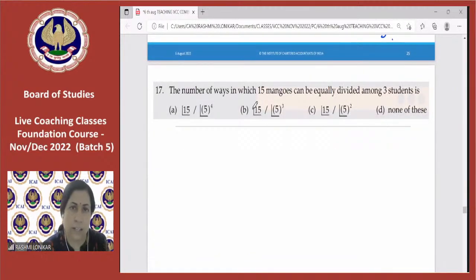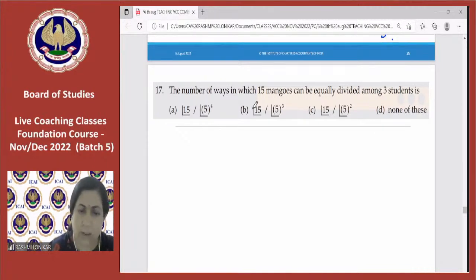Can you recognize one mango from another? No, you can't do that. In the 17th question, I'm not able to recognize the mangoes separately. So when I'm dividing the mangoes amongst 3 students, I don't know that this set of mangoes is different or this set is different. They look all alike.